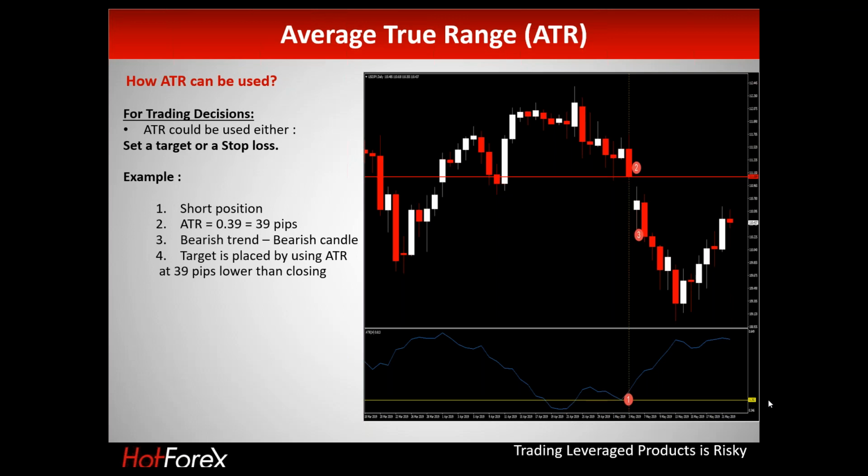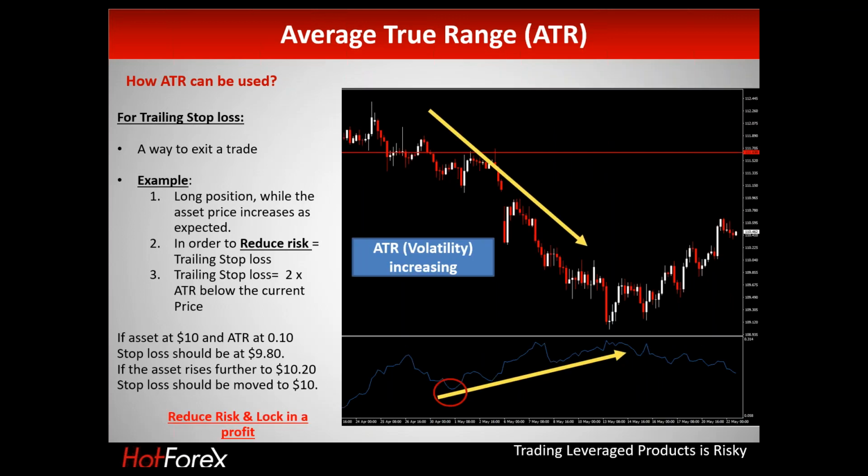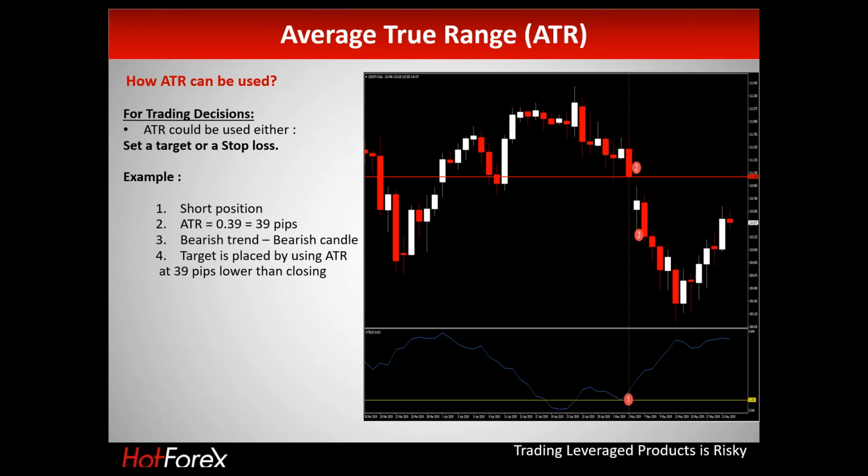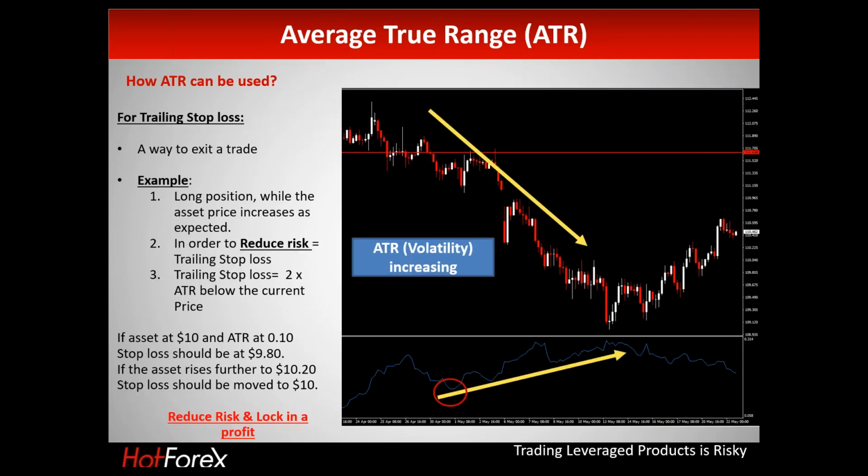So multiples or fractions of the ATR also work properly. You need to consider as well the risk and reward ratio that you are using in your trading strategies. So that was an example of a short position.